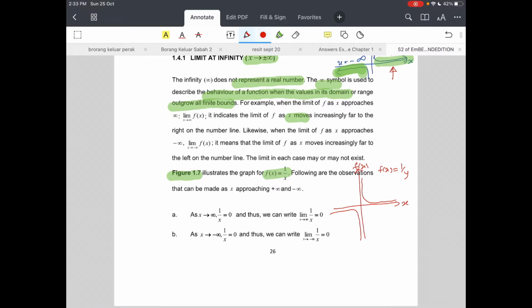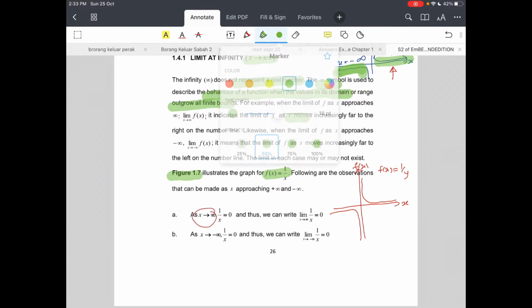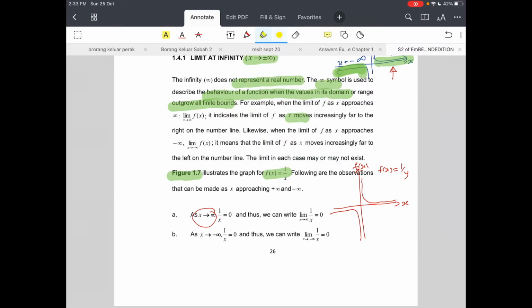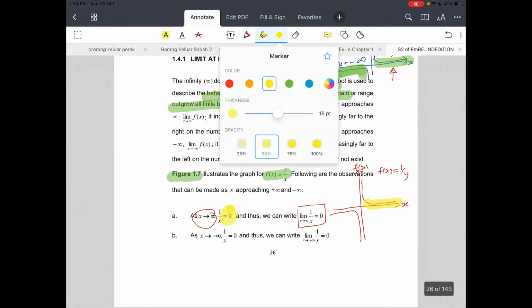As x approaches positive infinity, it will go towards 0. So we can write down the limit as x approaches infinity of 1 over x is equal to 0.